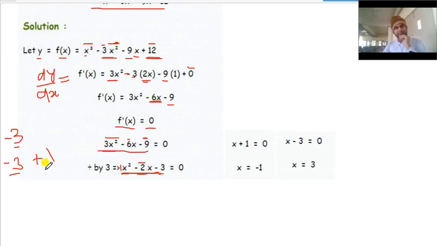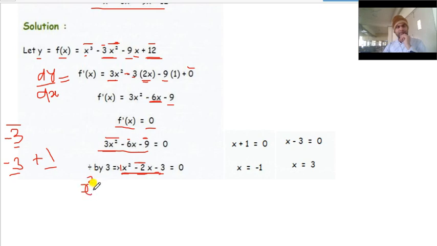Minus 3 plus 1 is equal to minus 2, and when minus 3 is multiplied with plus 1, that becomes minus 3. So we write this x square.